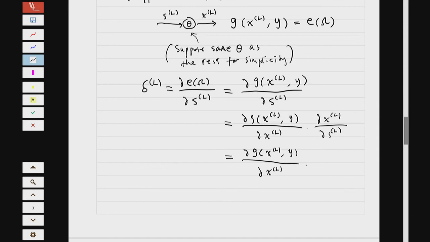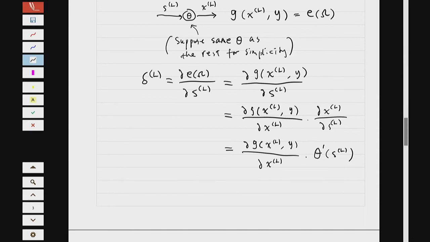It's easier than that. It's already on the screen. You should know already what this is. Yeah, theta prime. So it's the derivative of theta at S of L, because x is simply a function of S in terms of theta. That's all that we need to do.